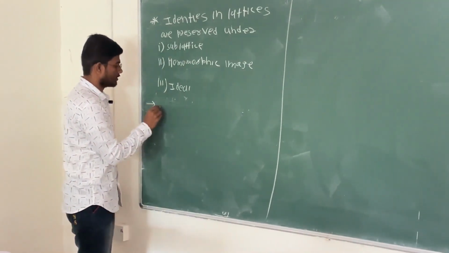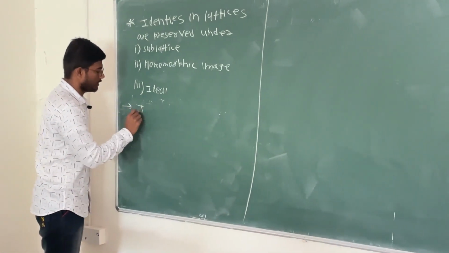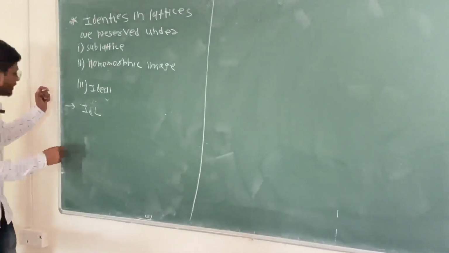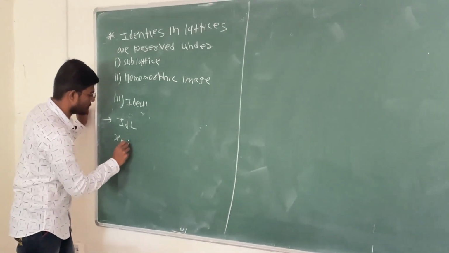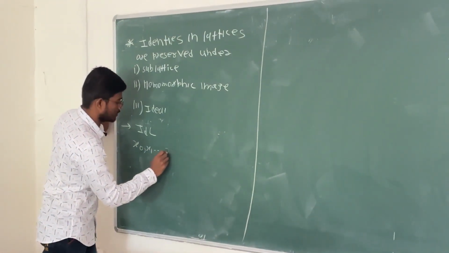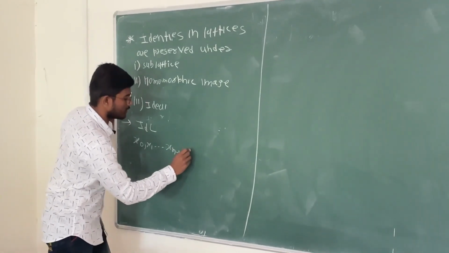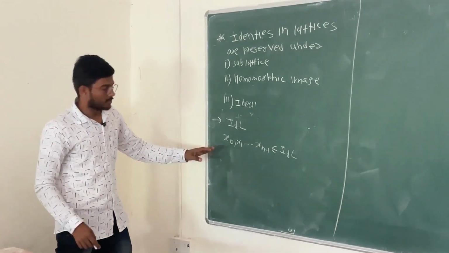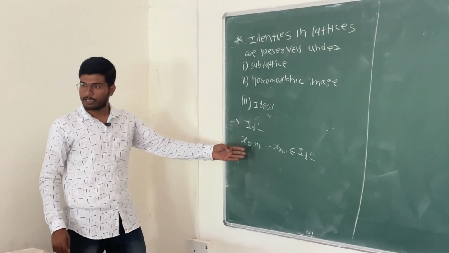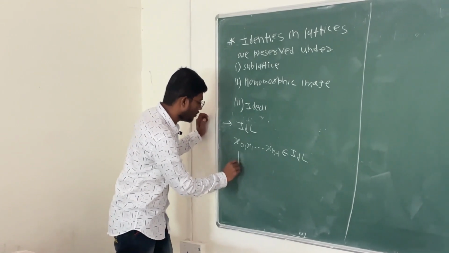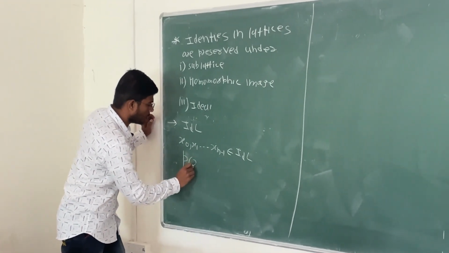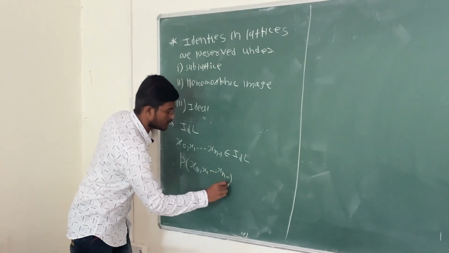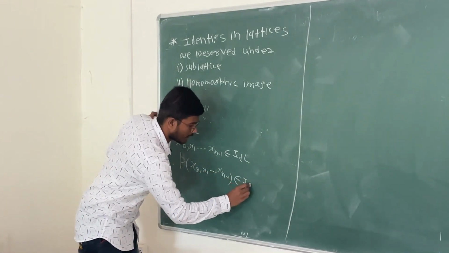Suppose it is an ideal of the lattice L. And consider some variables such that x0 up to x n minus 1 belongs to that ideal. So these are the variables belonging to our ideal. So we can have the polynomials P; these polynomials also belong to our ideal.